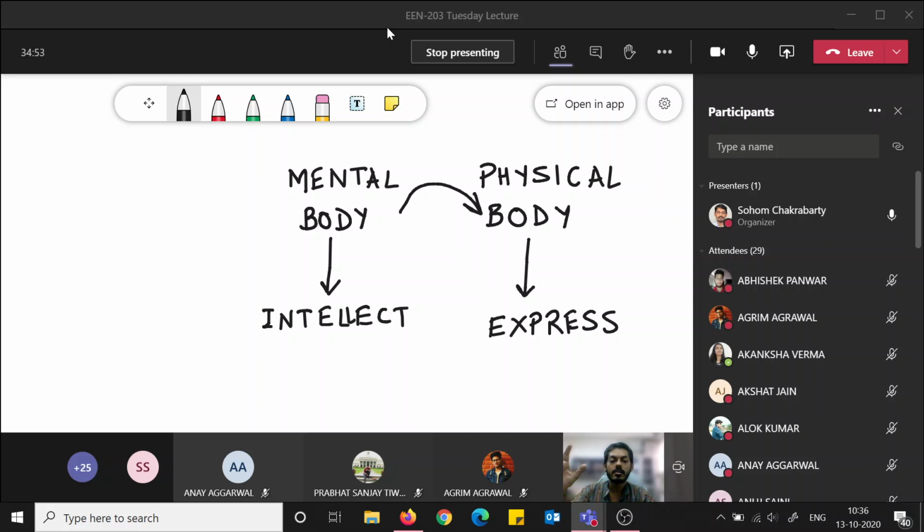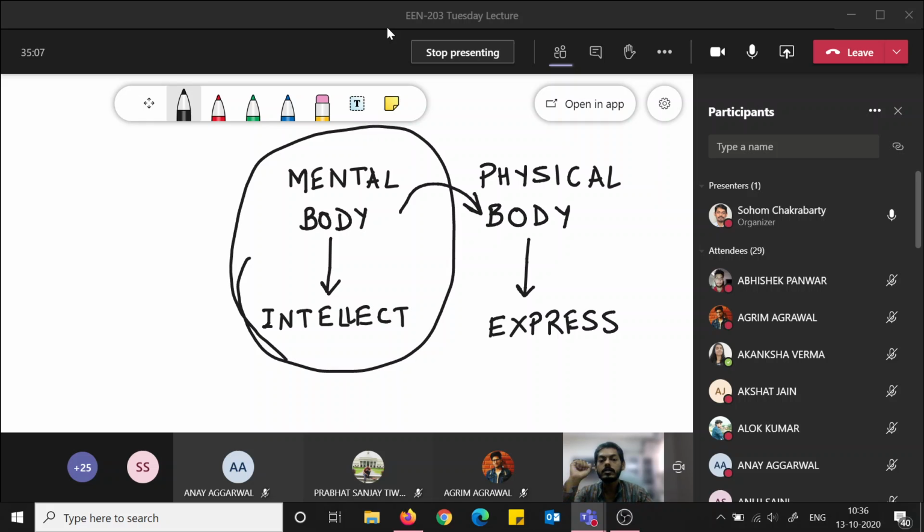So what is more important for us to take care of? More important for us to take care of is this body, because this is only what will give an expression, and that expression will be observed by the people around us. The society will observe our expression.